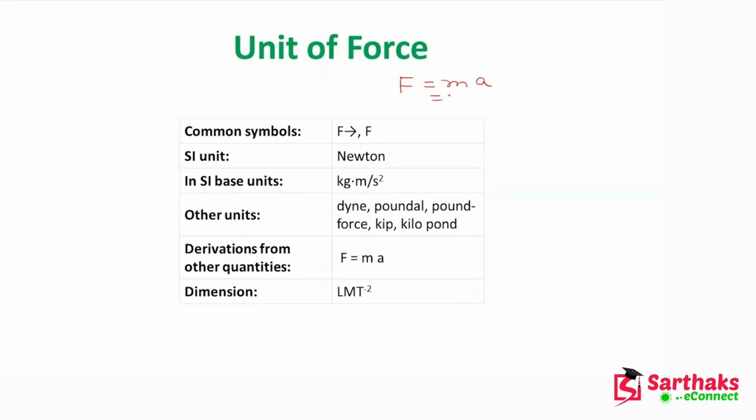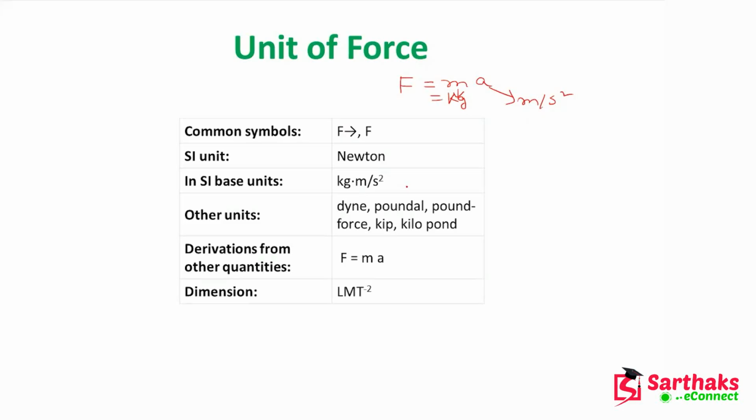M is the mass. So mass is always represented in kg, and acceleration will be in meter per second square. So kg meter per second square. And other units also you have, that is the dyne, pound, kilopound, etc.